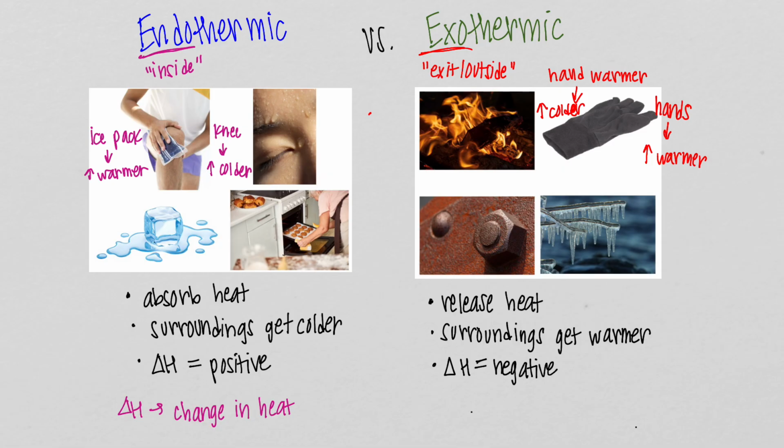Other examples are the rusting of iron, right? Again, it's releasing heat, it's oxidizing. And then when something freezes, it sounds a little counterintuitive, but it's releasing heat. Heat is being let go so that this cools down and freezes.